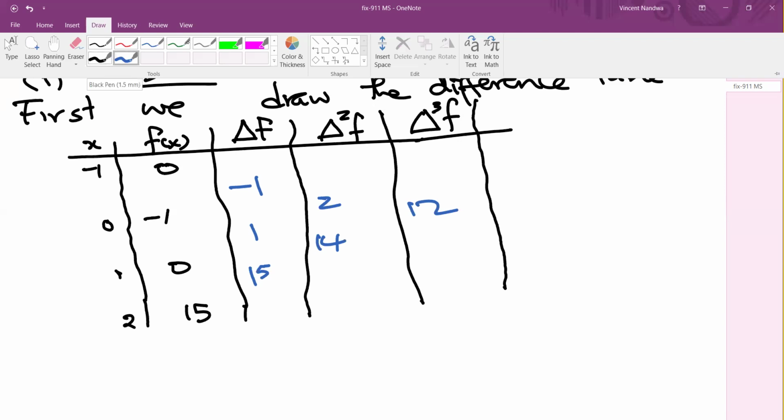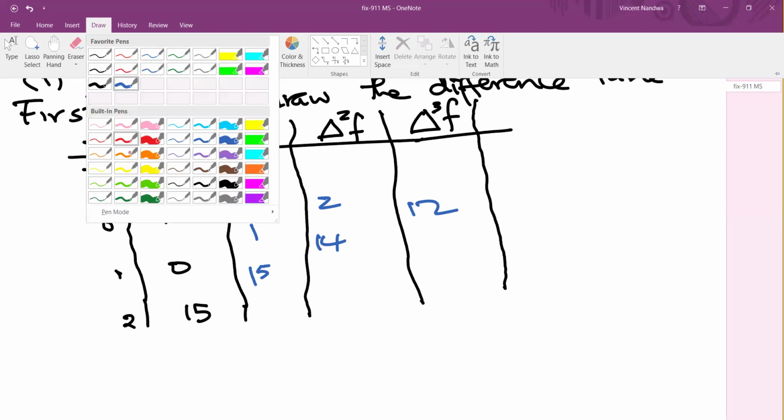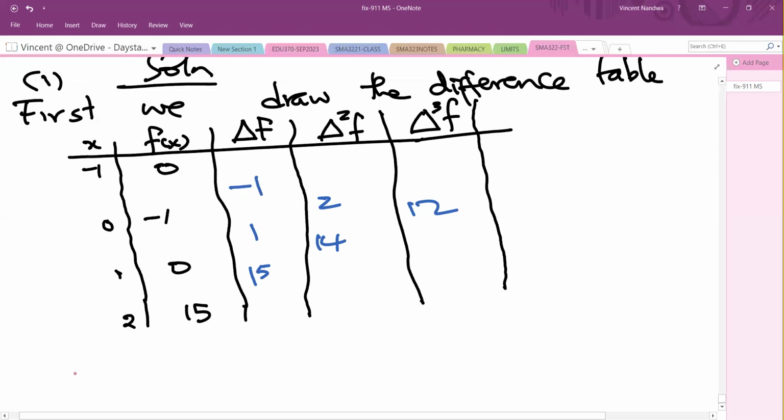So in general cases, the first number here is what we call x naught. This will be x1, this will be x2, this will be x3. Then this is f naught, this is f1, this is f2, this is f3.